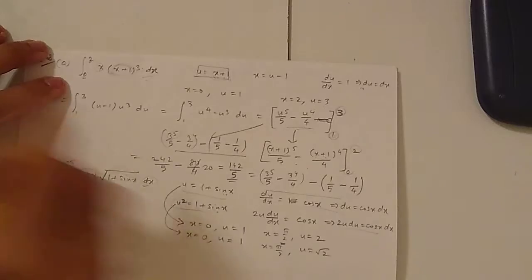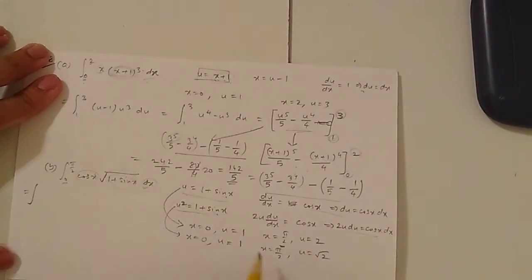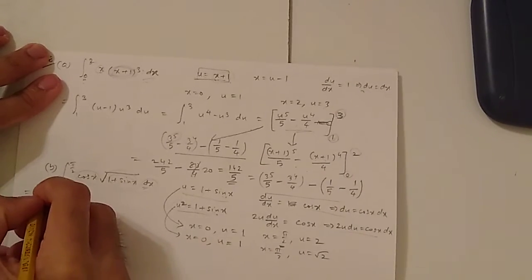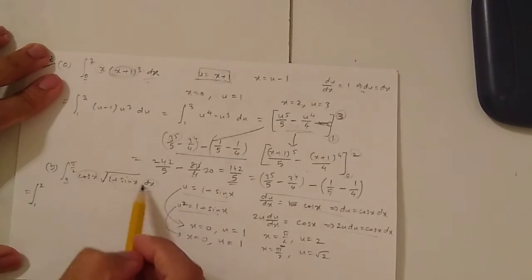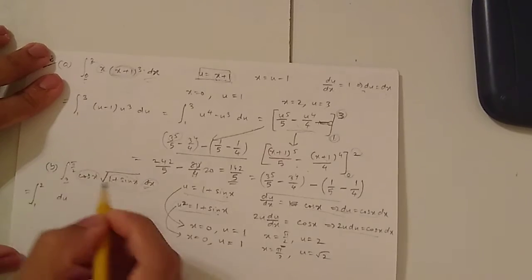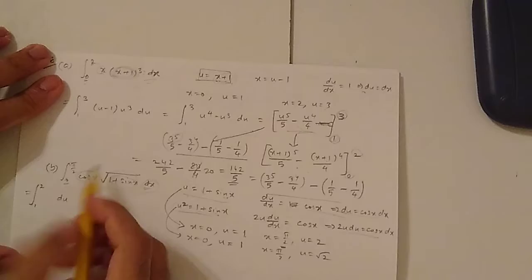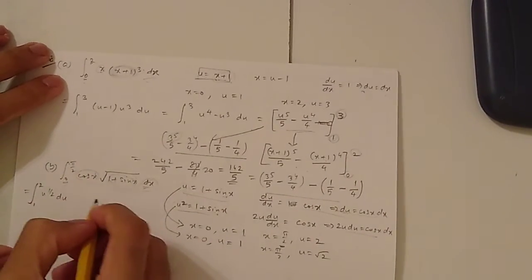Okay, if you use the first substitution, the new limits are going to be 1 and 2, so the integral from 1 till 2. cos x dx becomes du, and 1 plus sine x becomes u, so root u, or in other words u raised to half. So you could do the first substitution, or you could do the second.